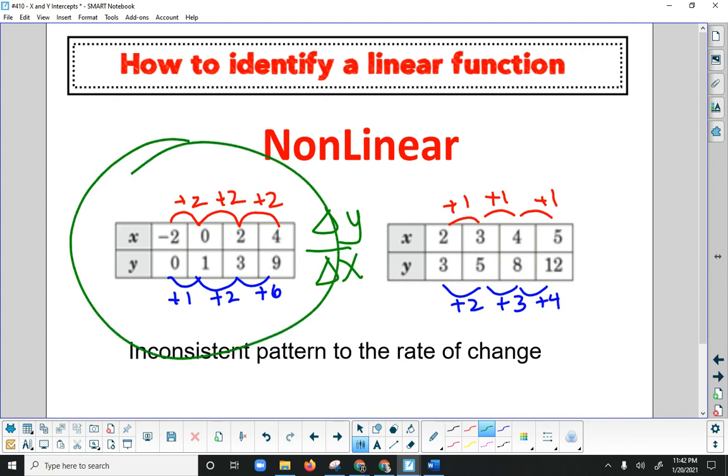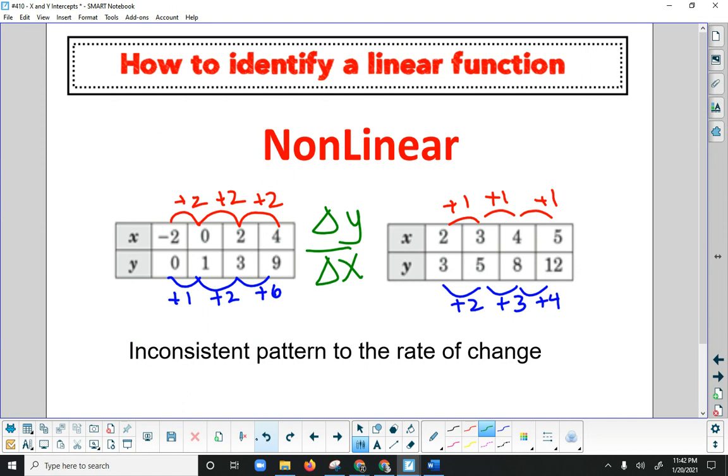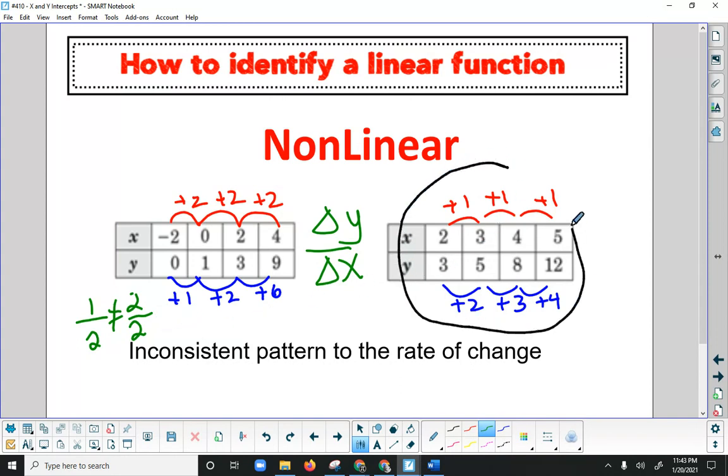So for this table, the ratio would be change in y is 1, change in x is 2. Change in y is 2, change in x is 2. You see those fractions? Not the same. That is not a constant rate of change. And the same is true for the second table over here. 2 over 1, 3 over 1, 4 over 1. Those are inconsistent patterns.